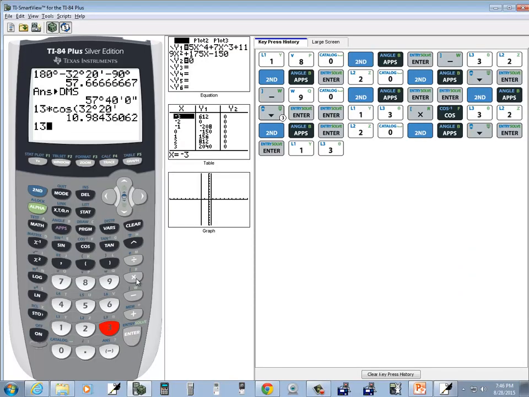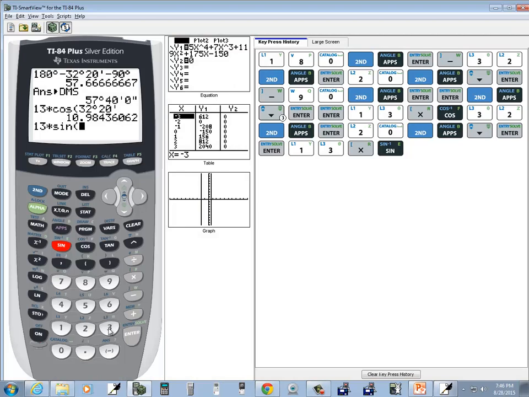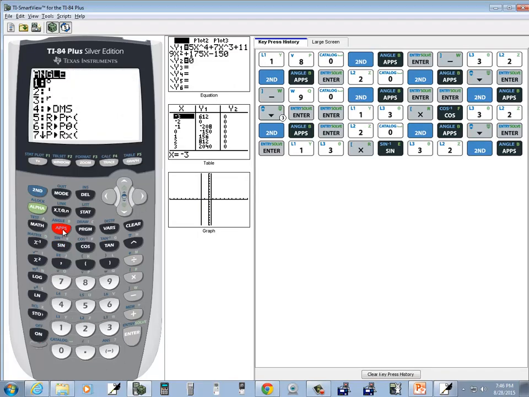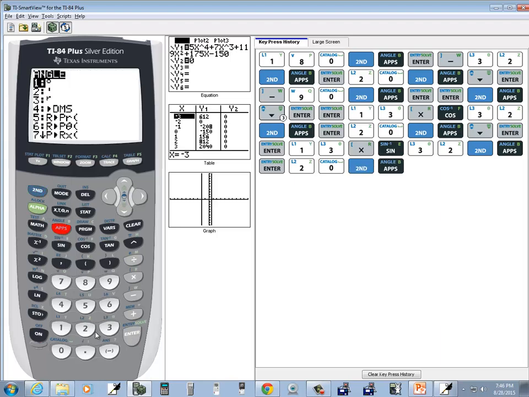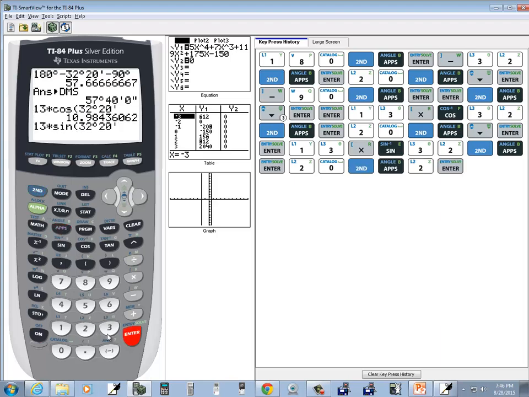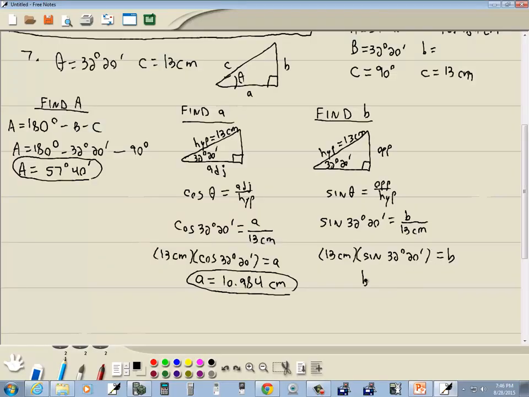So I got 13 times sine 32 degrees. So I do the 32, do second apps from my angle menu, enter on degrees, 20 minutes. So do 20 and then do second apps and choose minutes and then press enter. And I'll take it again to 3 decimal places.